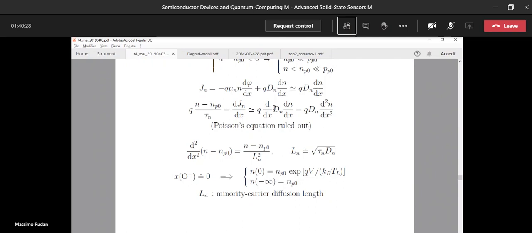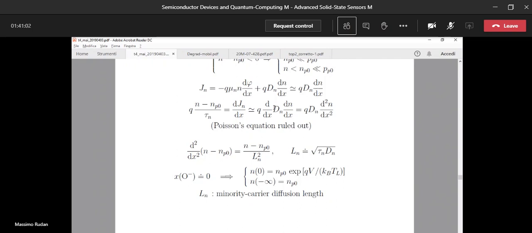Then mobility is influenced by the concentration of dopants, but in this case, we are in a neutral region of one type in which the dopant is a constant. And finally, the mobility is influenced by the presence of interfaces, but here there are no interfaces because the transport in a PN junction occurs far from the boundaries, okay?